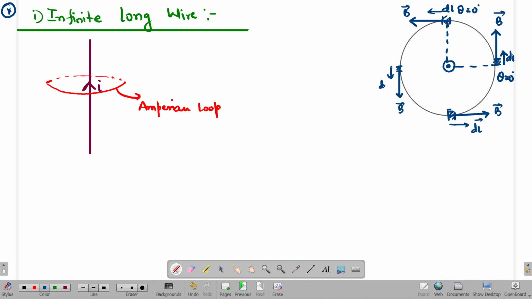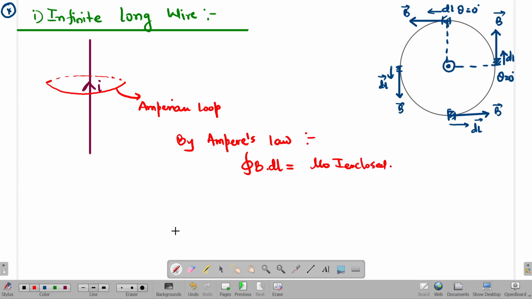So this means I can apply the integral form of Ampere's law: integral B dot dl is equal to mu naught I enclosed.